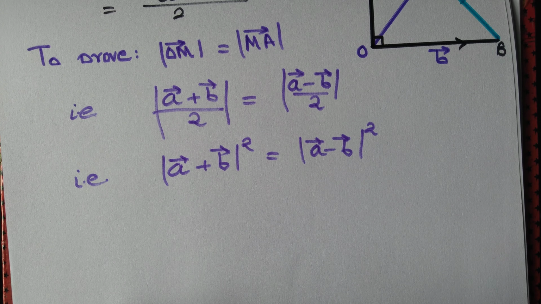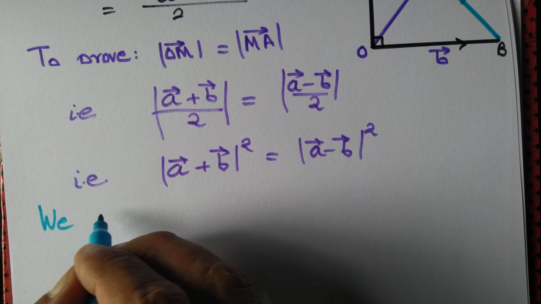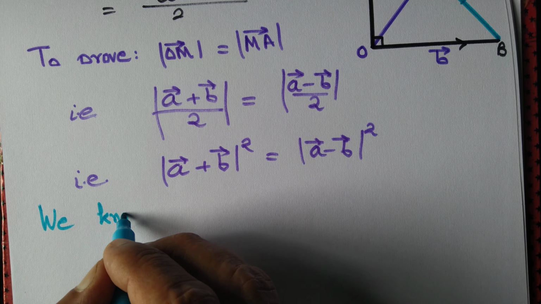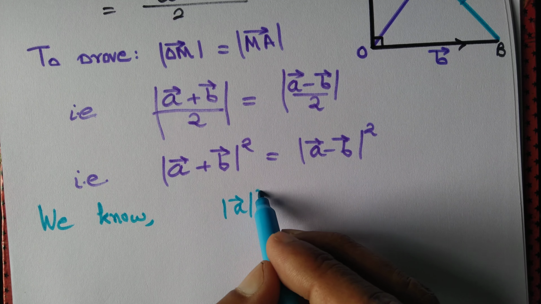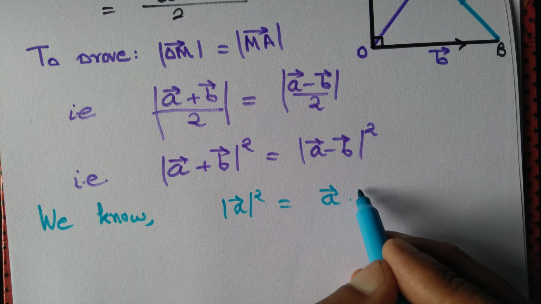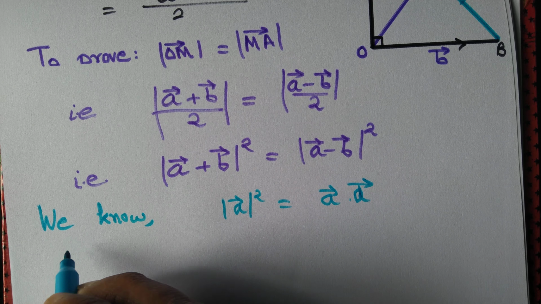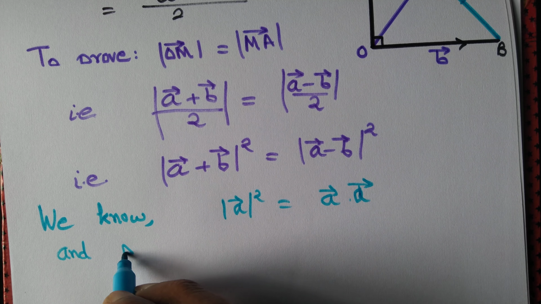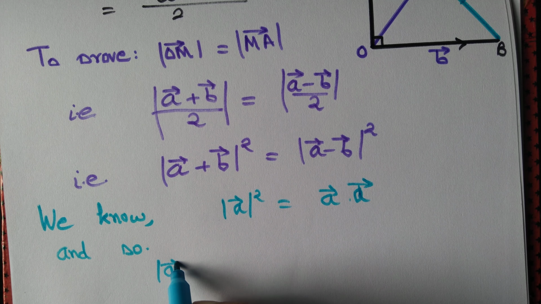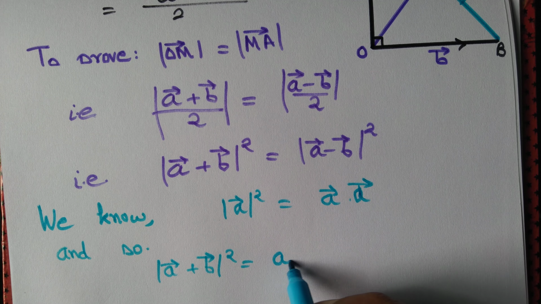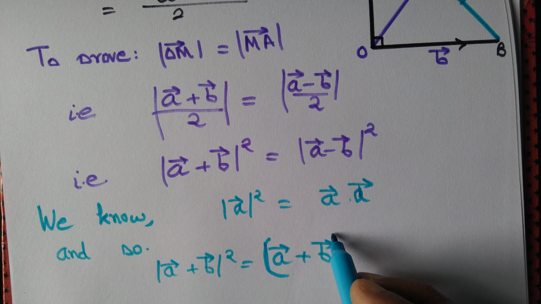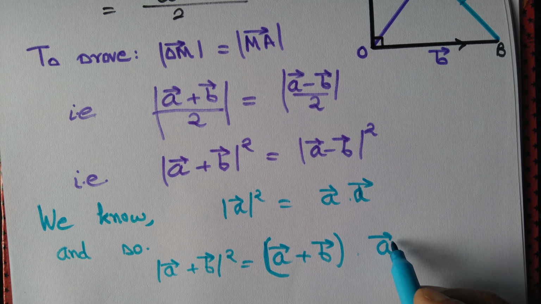Now, of course we know that the magnitude of A squared is the same as A dot A. And so the magnitude of A plus B whole thing squared equals (A plus B) dot (A plus B).